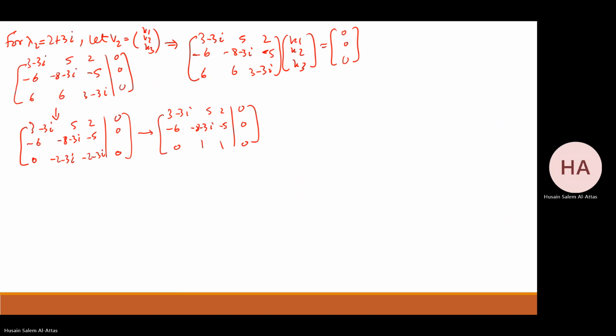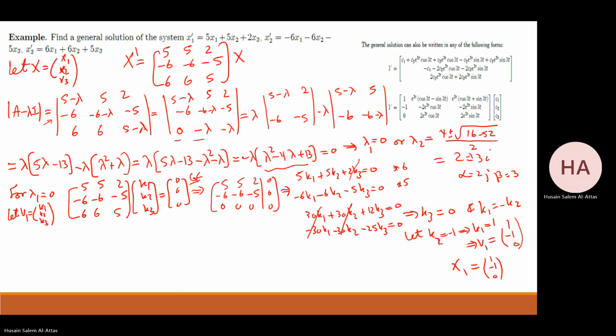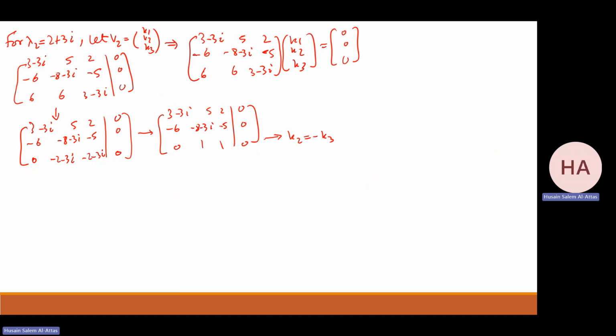Okay. Now what shall I do? How to solve this? So from here, I'm getting that K2 equal minus K3. Is it? Be sure what I did is correct. Yes.